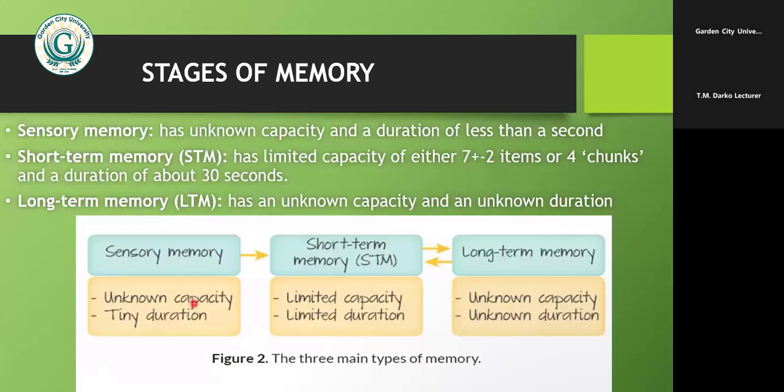Then we have what you call the short-term memory. For the short-term memory, we are saying it has a limited capacity, meaning the capacity is known. True or false? True. Exactly. So for the short-term memory, the capacity is limited.